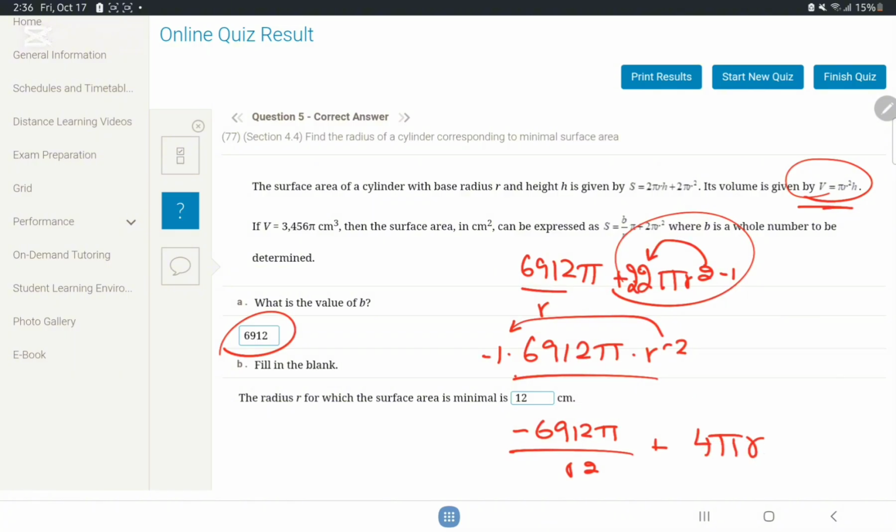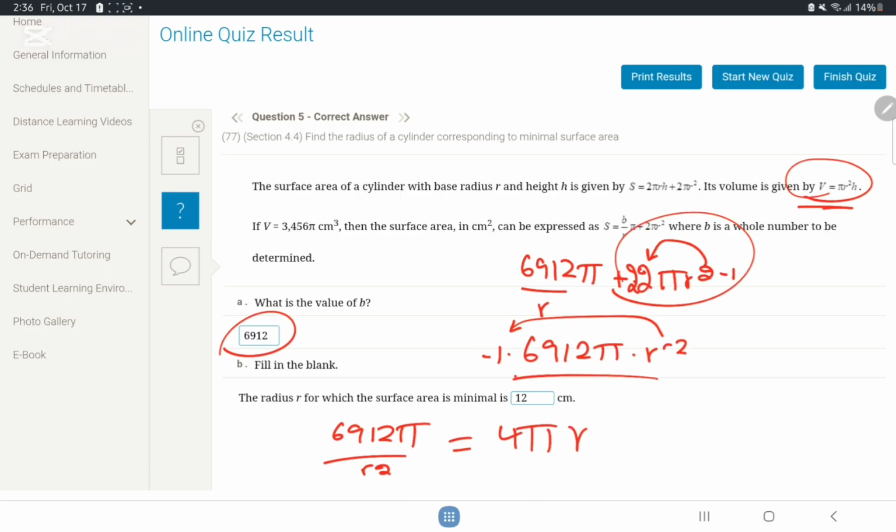Okay, now you make it equal to 0 to find the roots. So do plus 6912 pi over r squared on both sides. So plus 6912 pi over r squared is equal to 4 pi r.